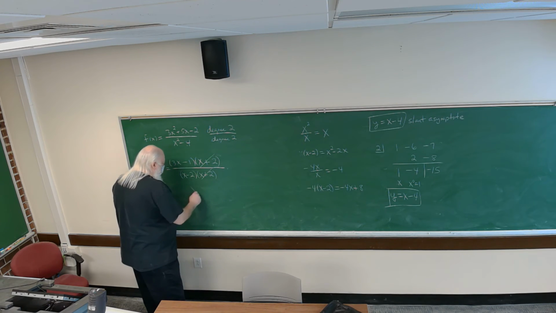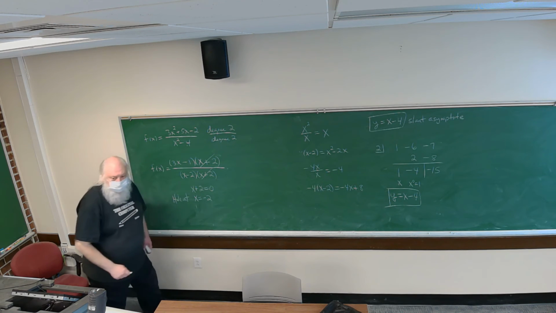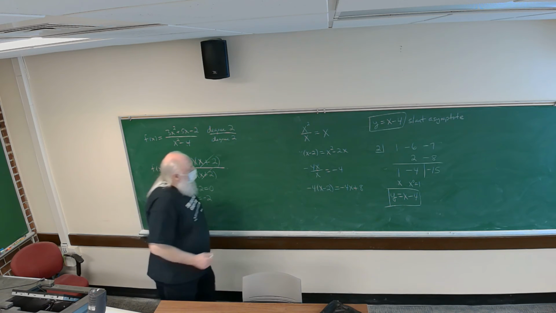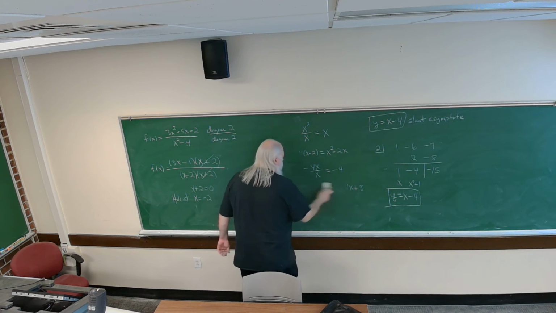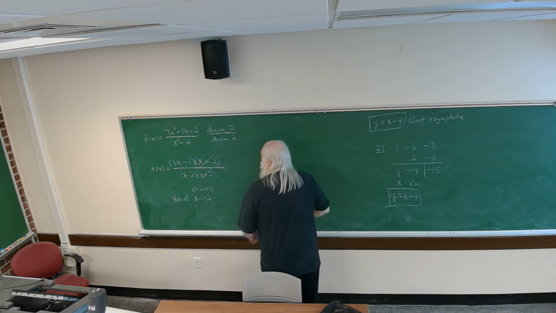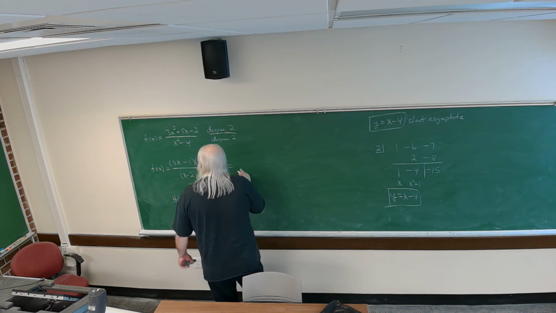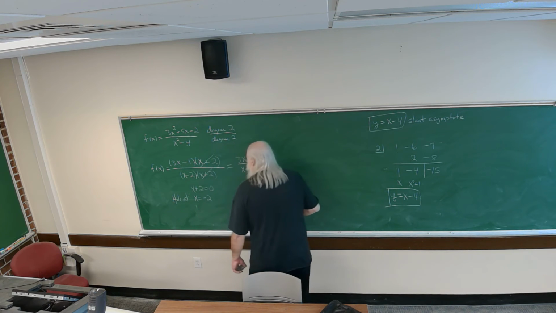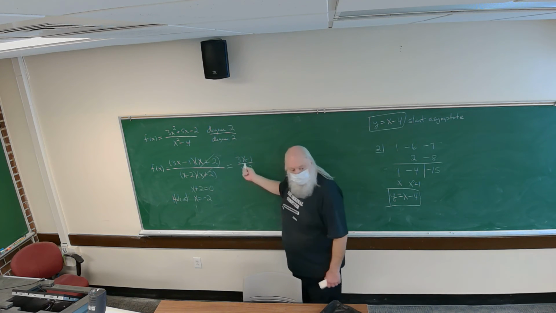So there's a hole at x equals minus 2. If there's a common factor in the numerator and denominator, that means there's a hole. The y coordinate for this hole is found by putting minus 2 into the reduced form.